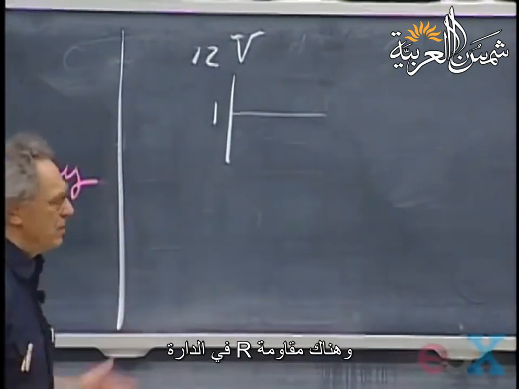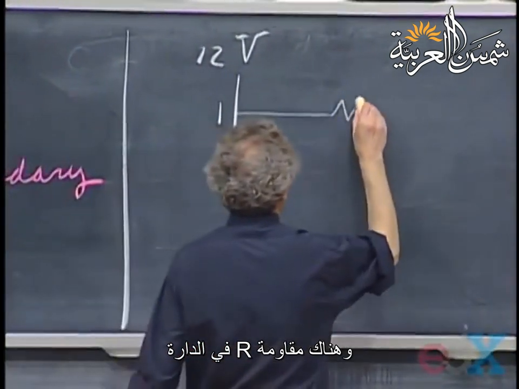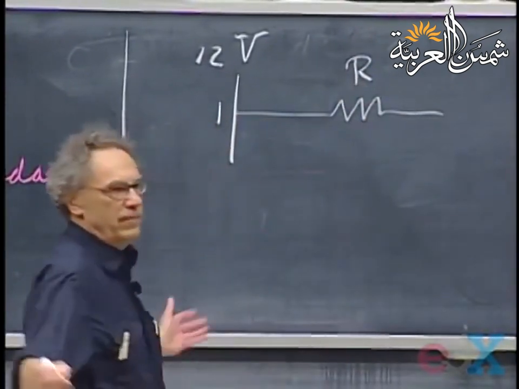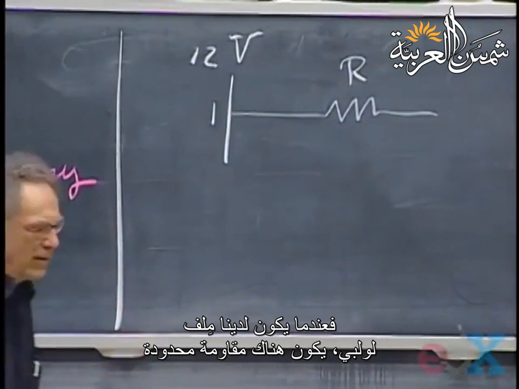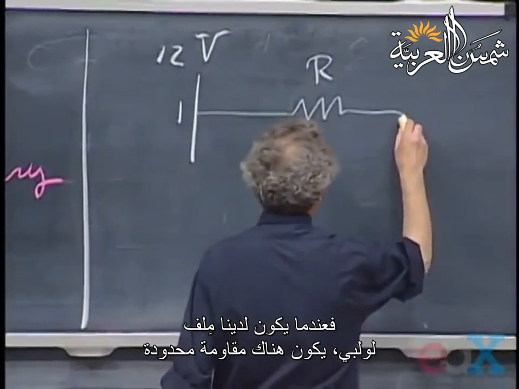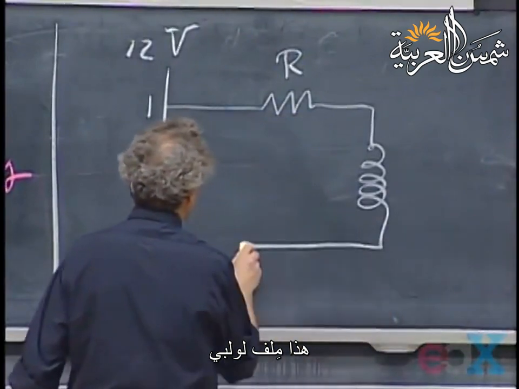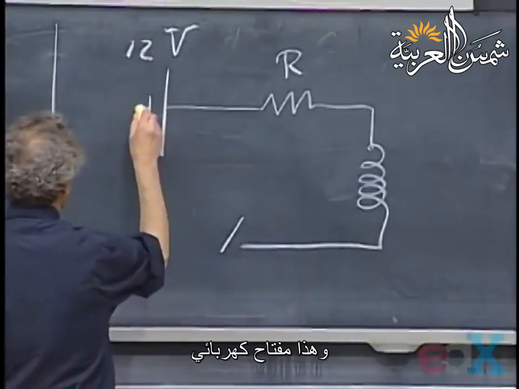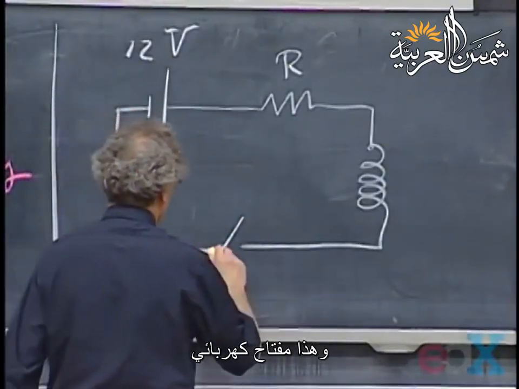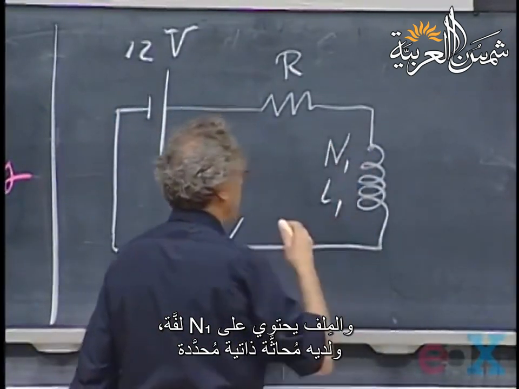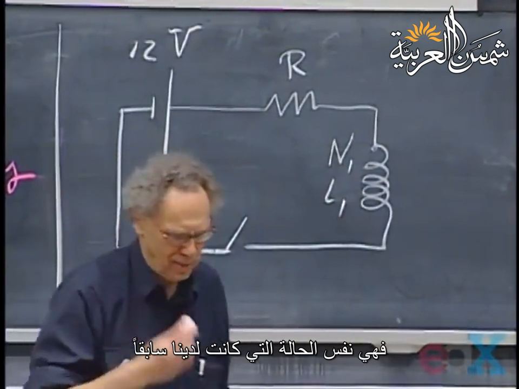There's always some resistance, of course, in the circuit. If you have a coil, you always have some finite resistance. And then here is a coil, and here is a switch. And this has N1 windings, has a certain self-inductance, the same situation that we had before.